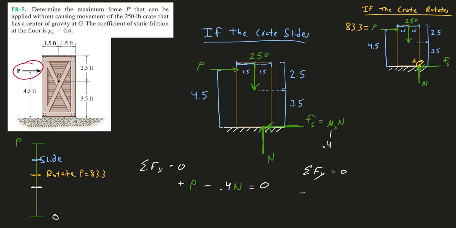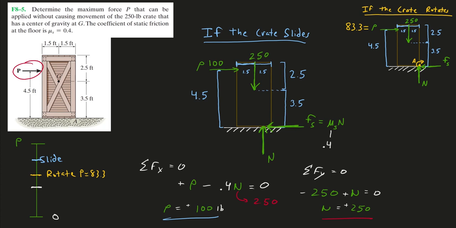And we have the weight pushing us down and the normal force holding us up. So it's pretty easy to see that the normal force is equal to 250. So putting that in here, we'll get that P will equal 100. So what this means for us is if our pushing force is 100 pounds, then this crate will start to slide.